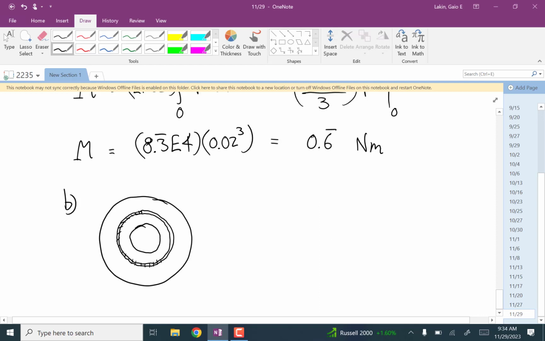So this is all the same again. This thickness is dr. From the center to the infinitesimal ring is r.